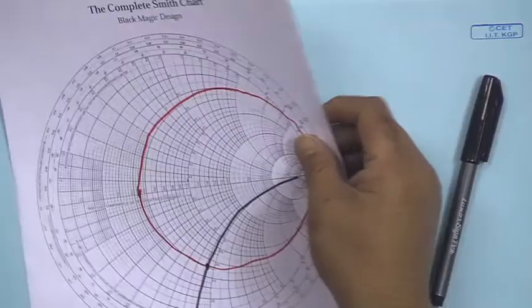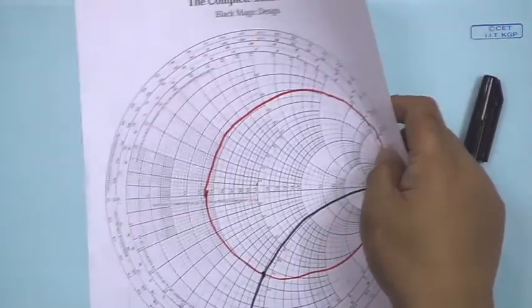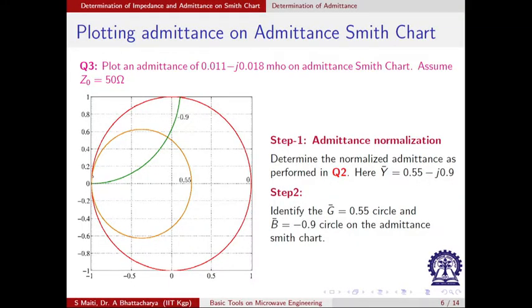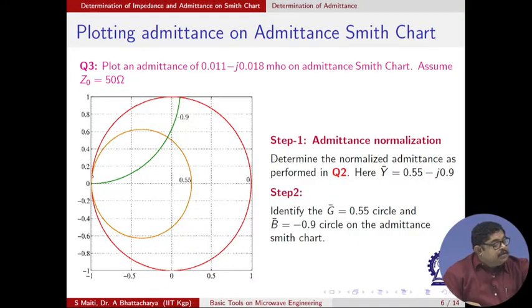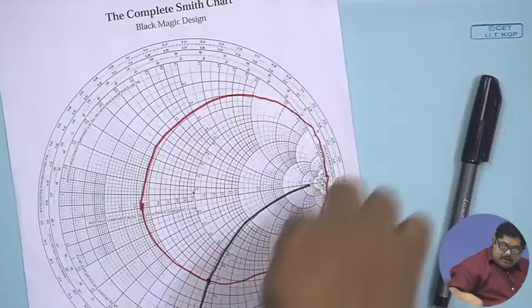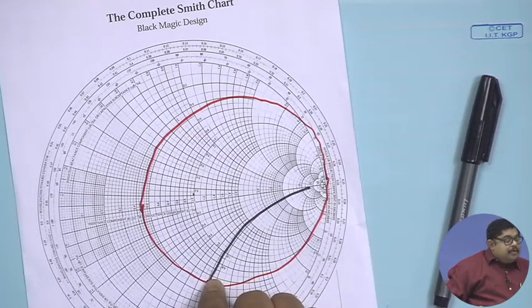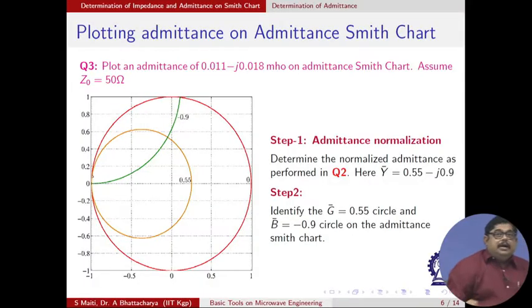On the admittance Smith chart the labels are different, and as I have shown, all the circles pass through the -1, 0 point and their values are different, as can be seen here. So, here you see the same point is getting located: 0.55 is here in the previous case, or the admittance case is here. The point came somewhere here, but here you see the point is somewhere here.